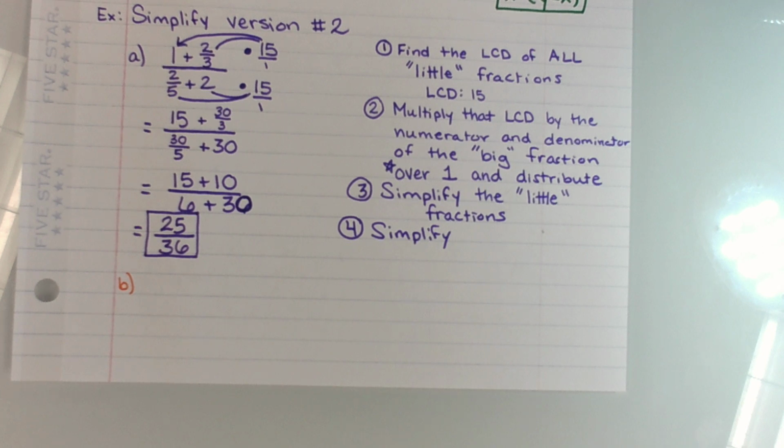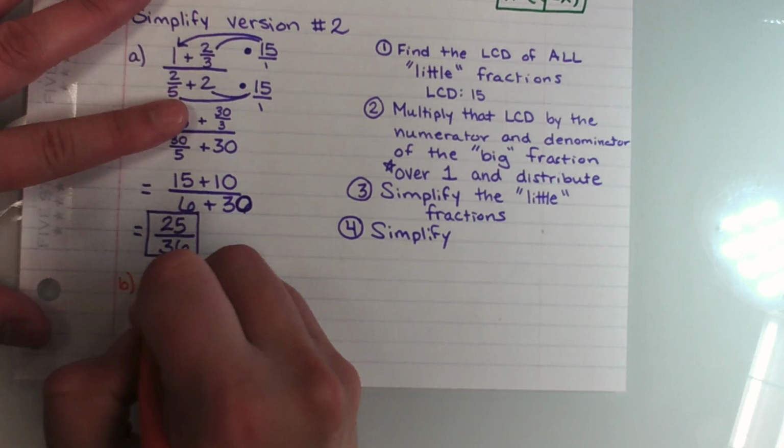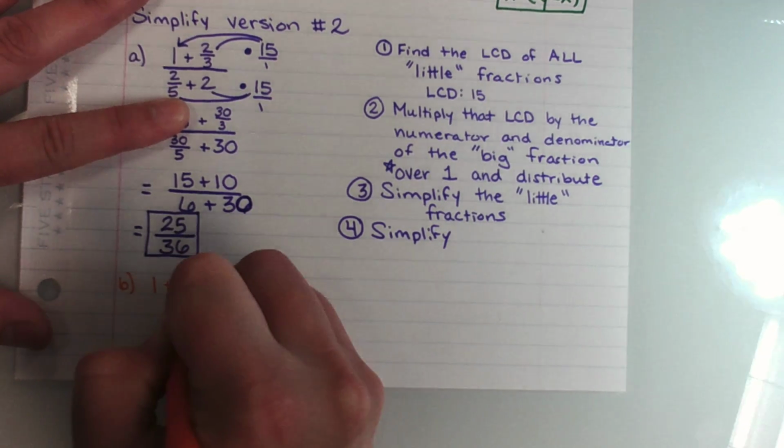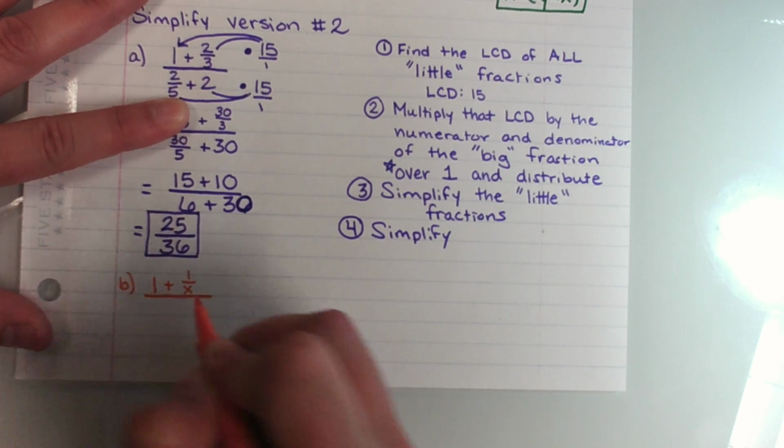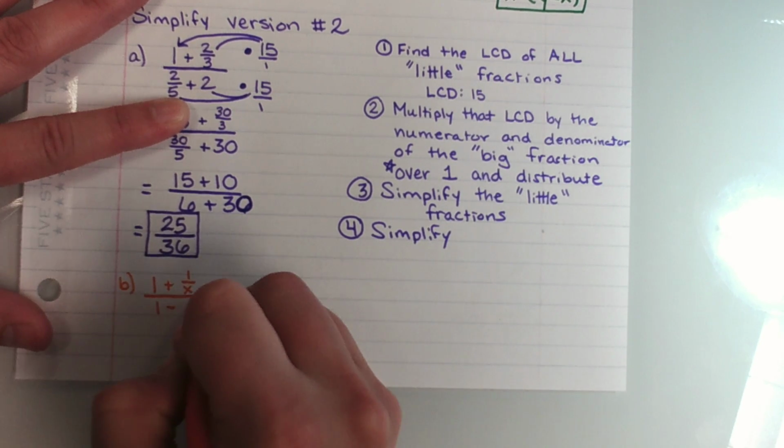Okay, our next problem, I already told you what it was going to look like. I told you I do the exact same two problems in both versions. So, 1 plus 1 over x all over 1 minus x over y.